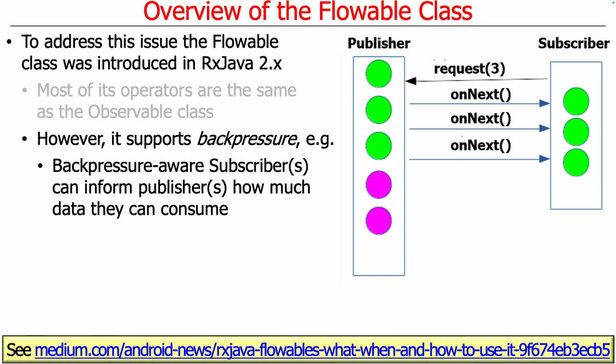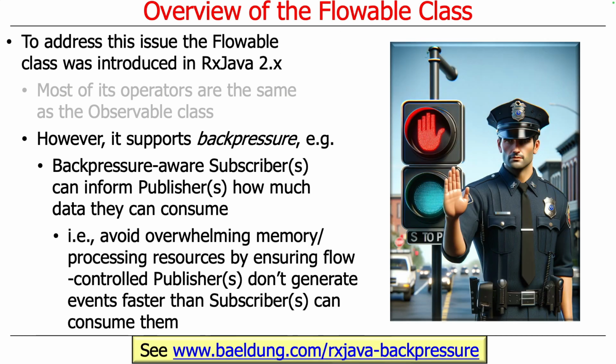So in this case, the subscriber says, hey, I want to deal with 3 of these things, and the publisher will then send it 3 events, and then the subscriber says, okay, I can get 3 more, and so on and so forth. The idea here is to avoid overwhelming the memory and processing resources by ensuring that so-called flow-controlled publishers don't generate events faster than subscribers can consume them.